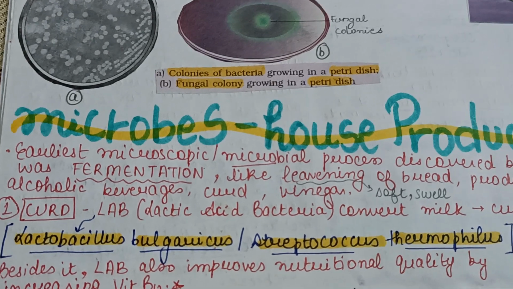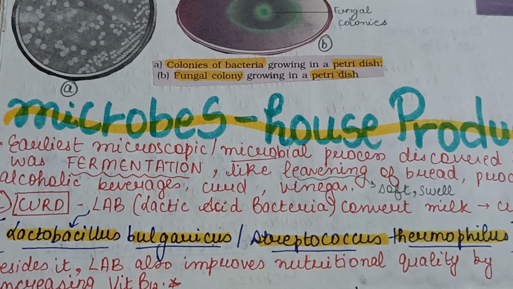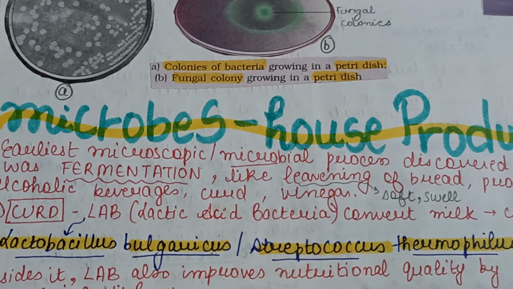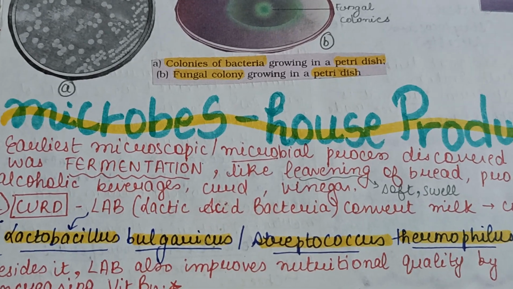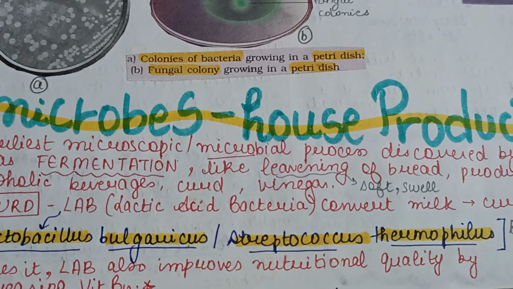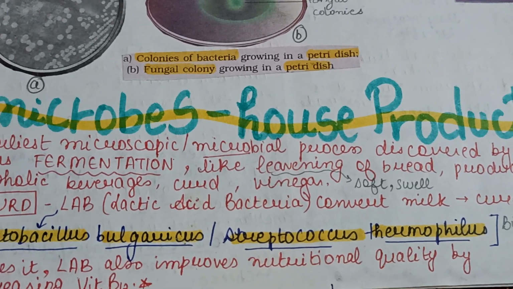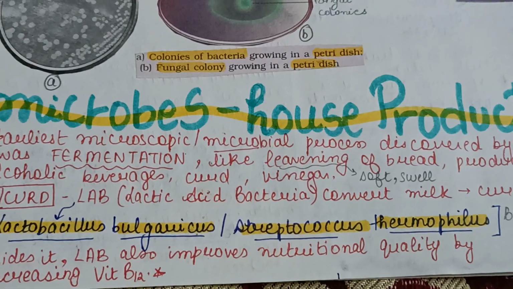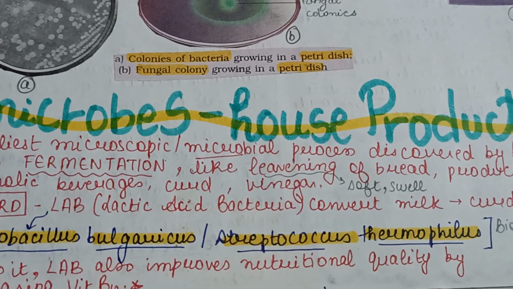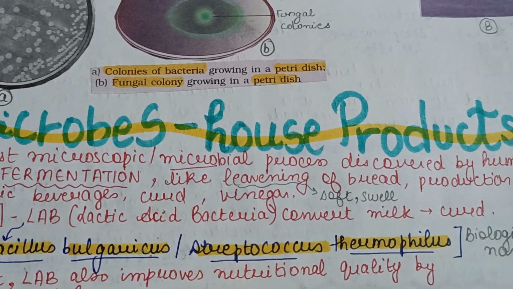If you want to remember the full name Lactobacillus bulgaricus, you can learn, but if you learn only Lactobacillus, it's okay. And the second name, also, if we study about LAB, is Streptococcus thermophilus. Okay, these are some additional names of it. Then this LAB converts milk into curd.